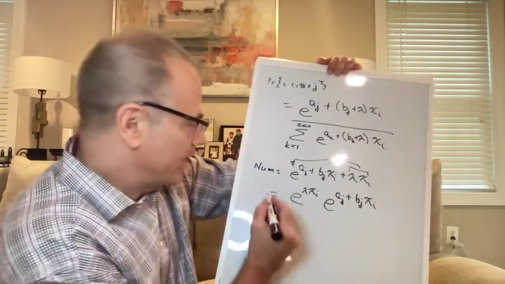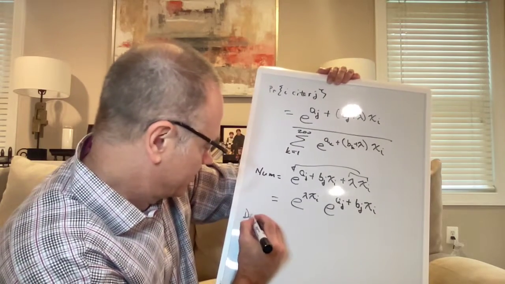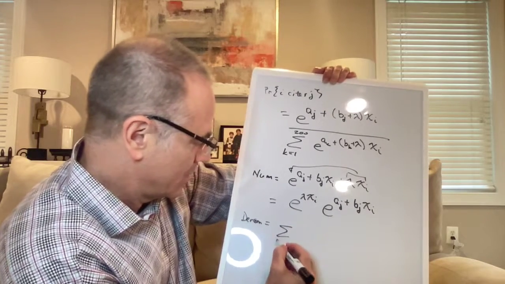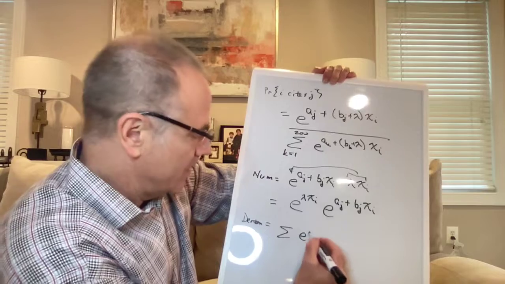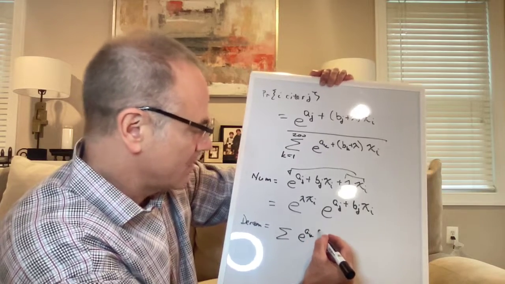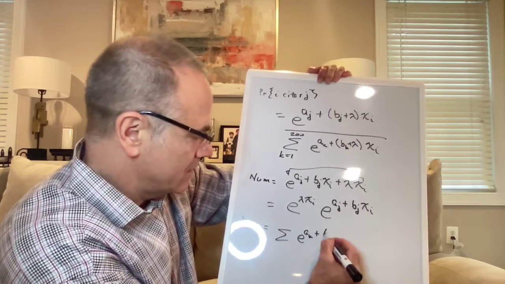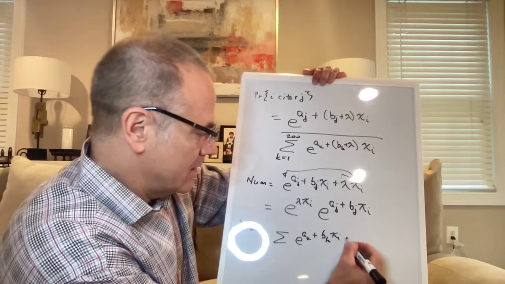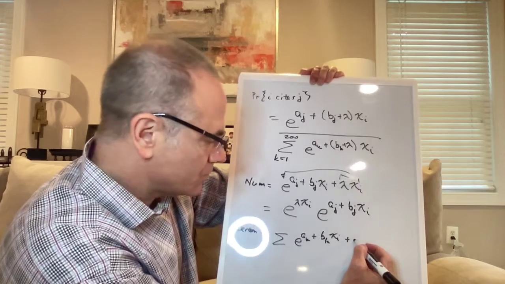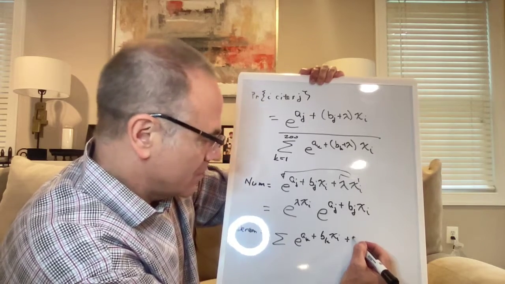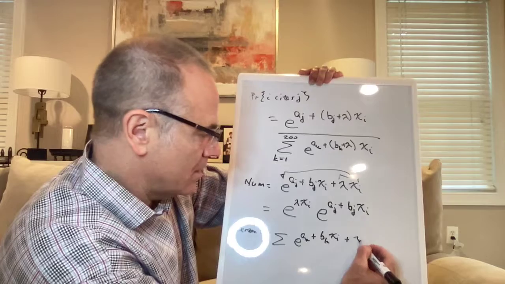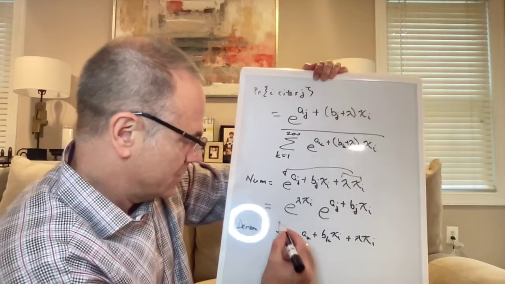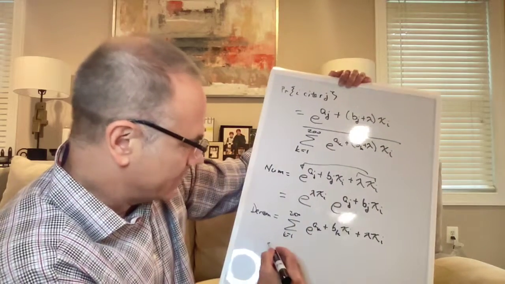Okay. Now, denominator equals e to the a sub k plus b sub k xi plus lambda xi, and this k equals 1 to 200, and you're going to get the same thing.